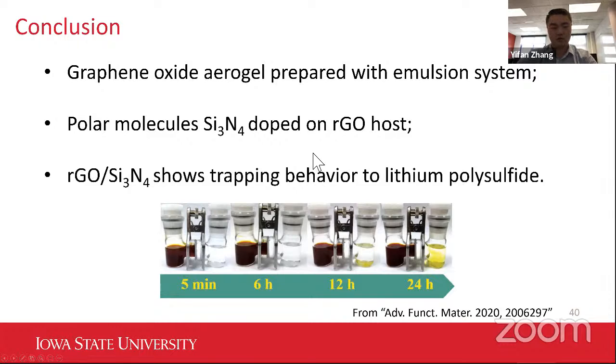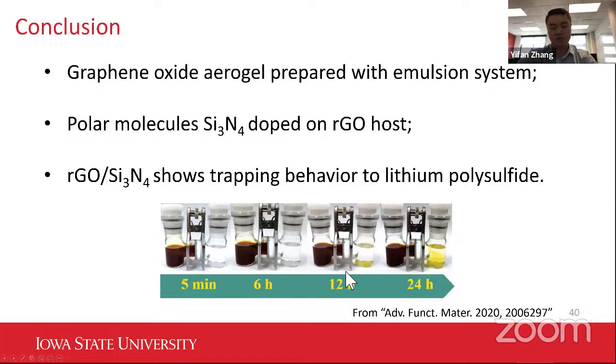In a real experiment, we can show the trapping behavior of the cathode materials by some simple experiments, as shown here. On the left side is a high concentration lithium polysulfide solution with some organic solvents, and we add the same organic solvents on the right side and separate them with the cathode materials.